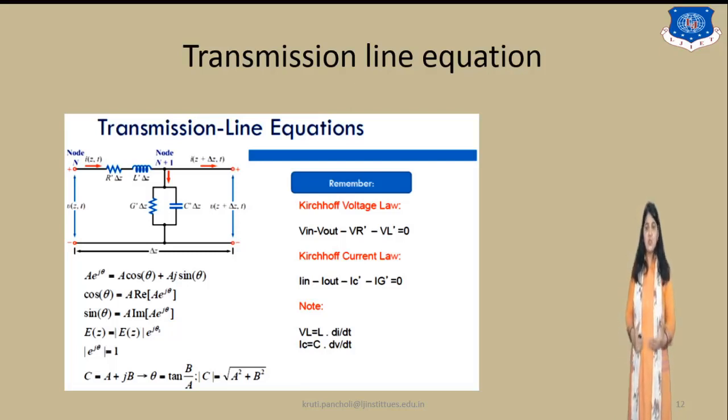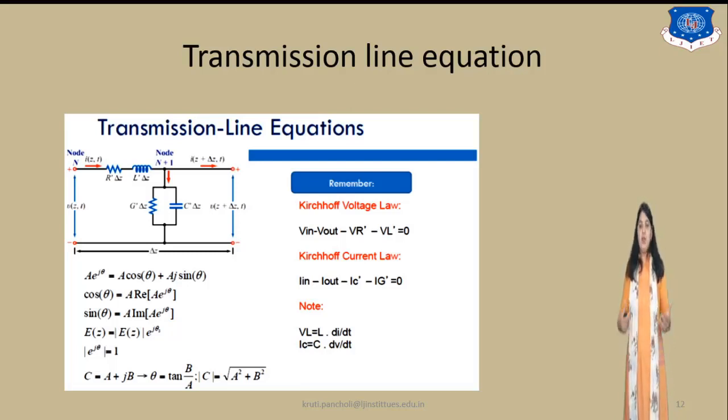To solve this transmission line, we need to apply Kirchhoff's voltage law as well as Kirchhoff's current law. Here, applying the Kirchhoff voltage law, we can write V in minus V out minus VR dash minus VL dash is equal to 0.